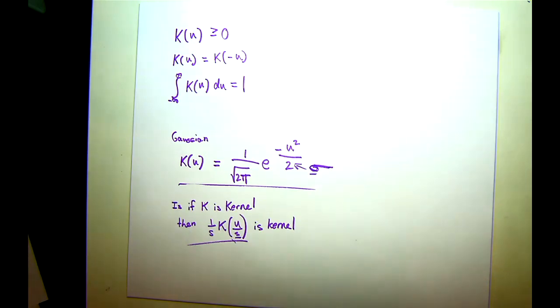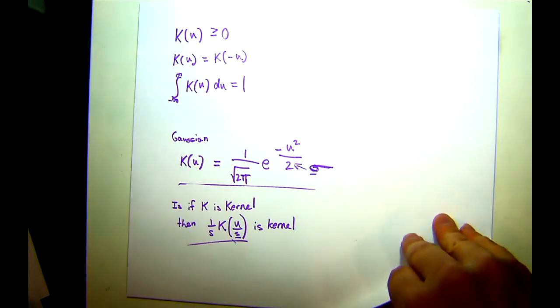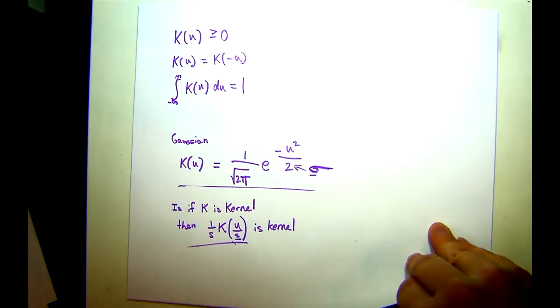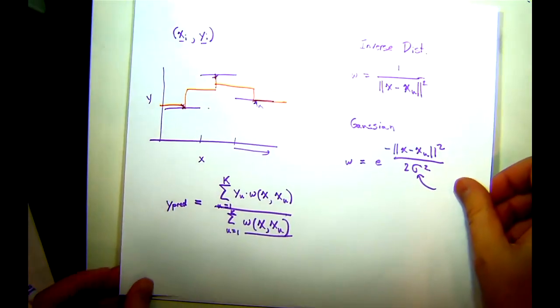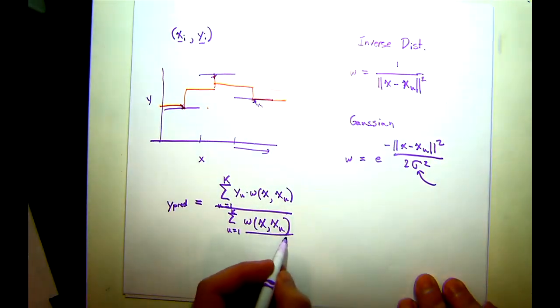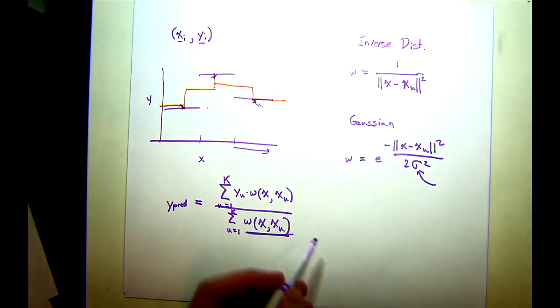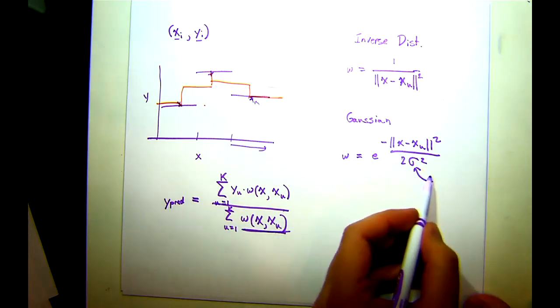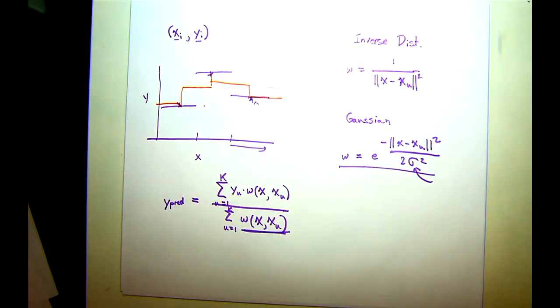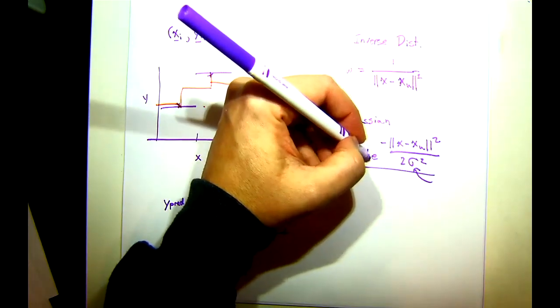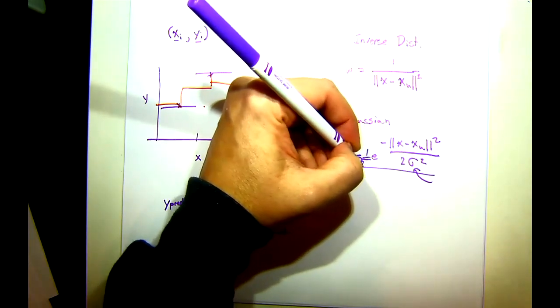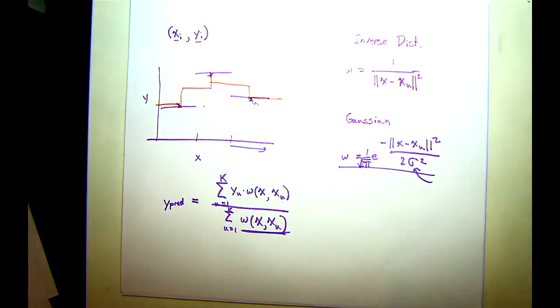Now, if we go back to this guy, and we're talking about this weight, these weights are actually kernel functions. This is actually the exact same thing that we just used, except that we applied a normalizer of 1 over the square root of 2 pi to the front of it.